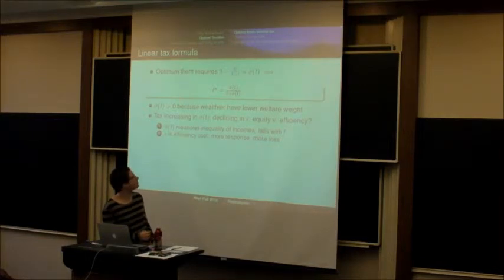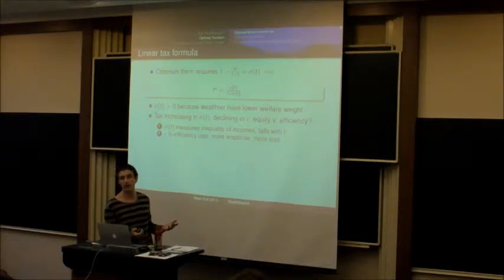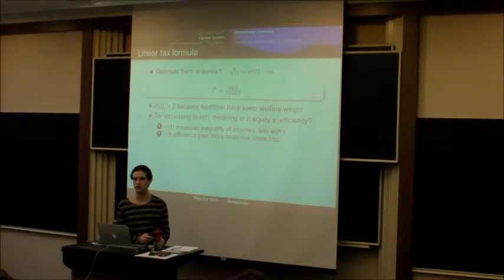It's how much people reduce their earnings when you increase taxes. So what this is saying is the more inequality there is, the higher taxes we should have, and the more response people make to an increase in tax, the less tax we should have. And that's exactly the equity efficiency trade-off.